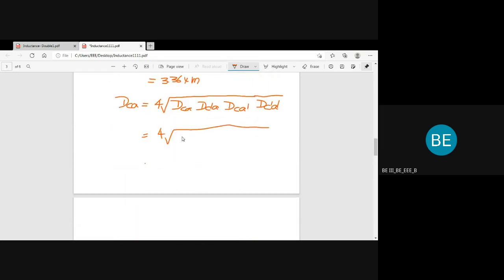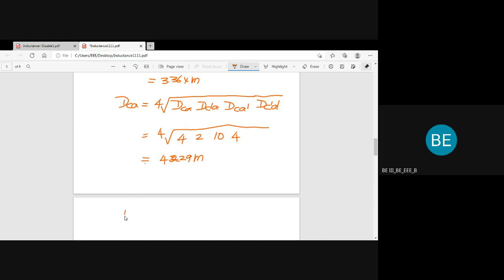So CA will be 4, C dash A dash 2, C A dash 10, and again 4. So if you compute DCA, it will be 4.229 meter.